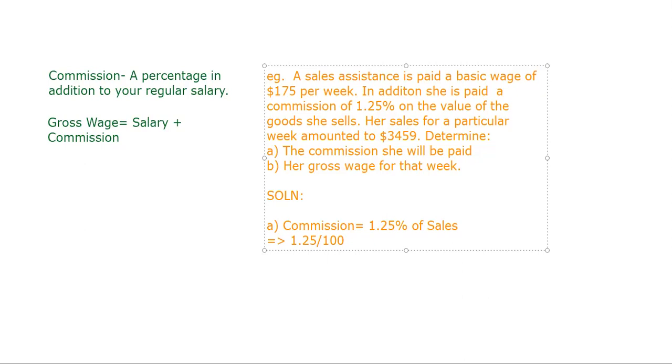So it's the same thing, 1.25 over 100, which represents the percentage, multiplied by her sales, which is 3,459.